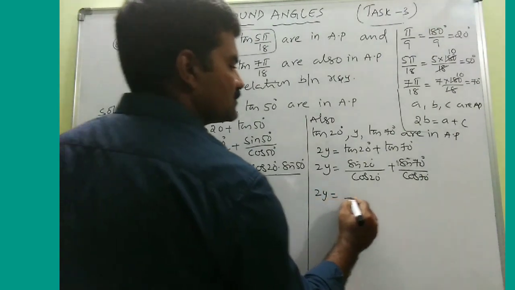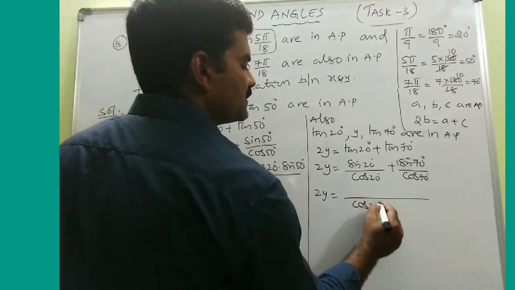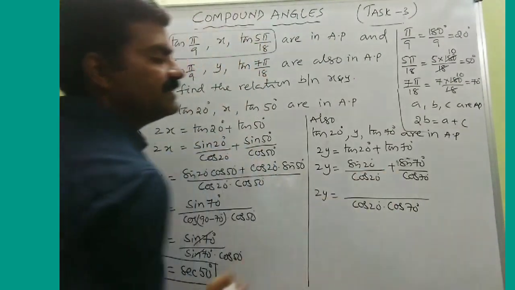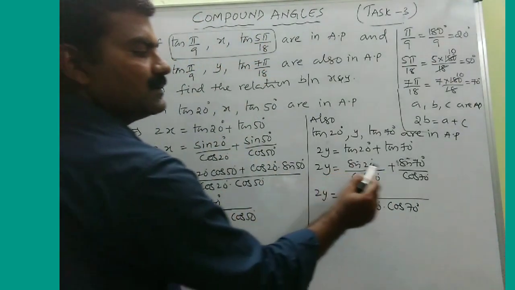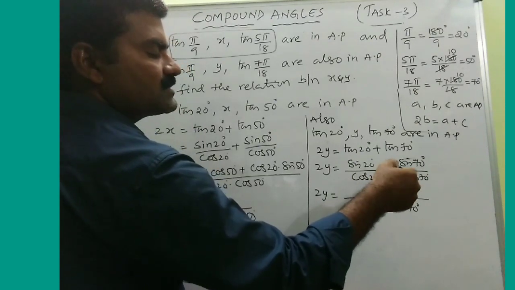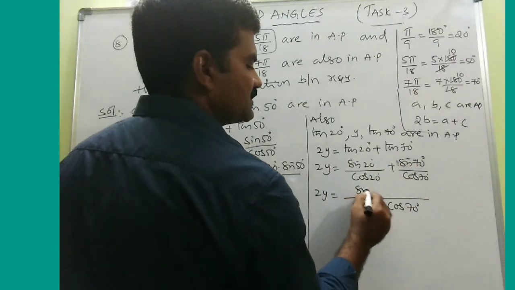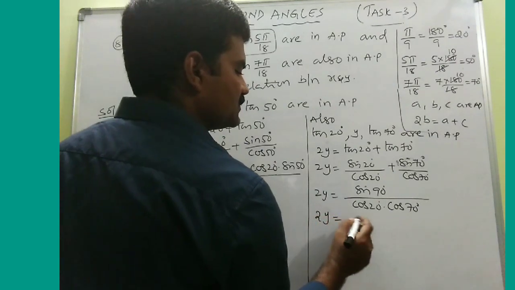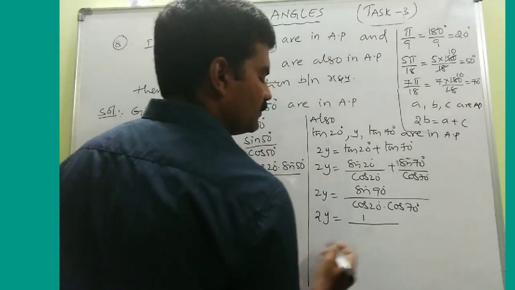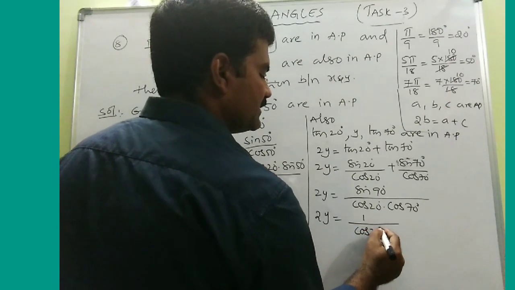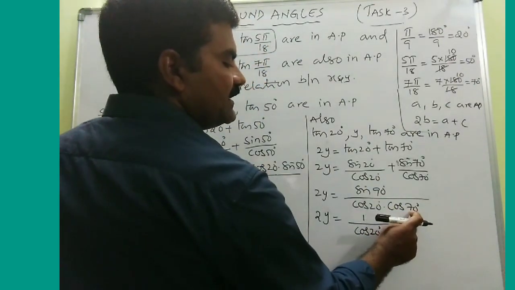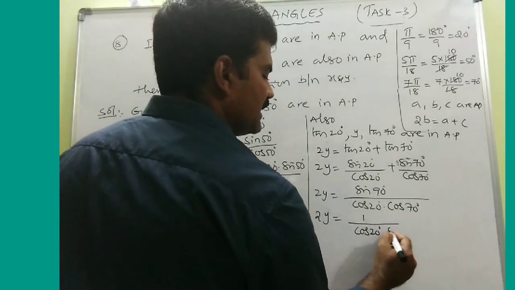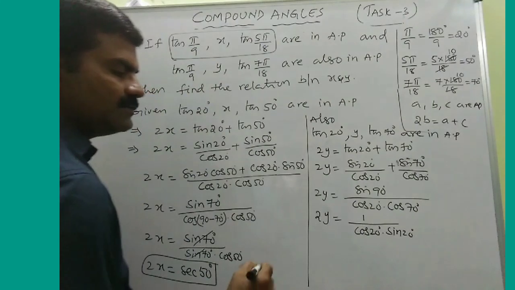Then 2y equals, so the denominator is again the product of cos 20 degrees into cos 70 degrees. Now can you guess the numerator? Sin A into cos B plus cos A into sin B, sin of A plus B, which is sin 90 degrees, 20 plus 70, which is 90 degrees. Okay. So now 2y equals, actually sin 90 is 1 by cos 20 into cos 70, can I write it as 90 minus 20, and this value equals sin 20.